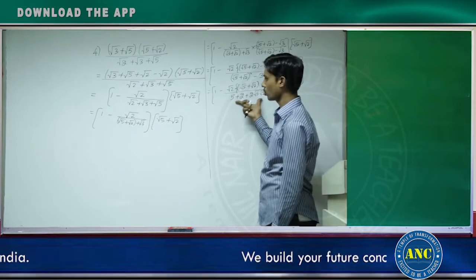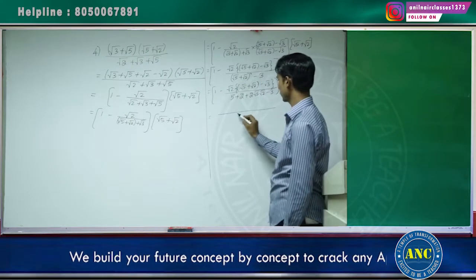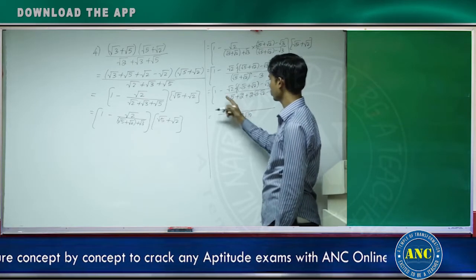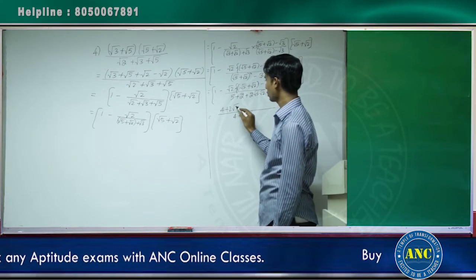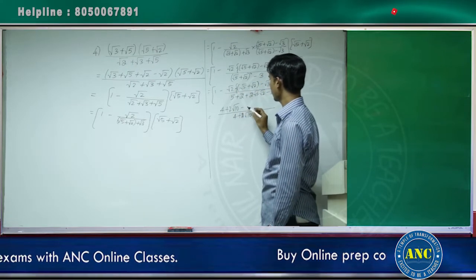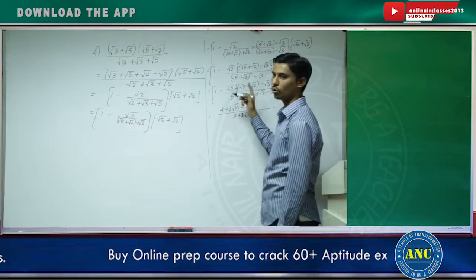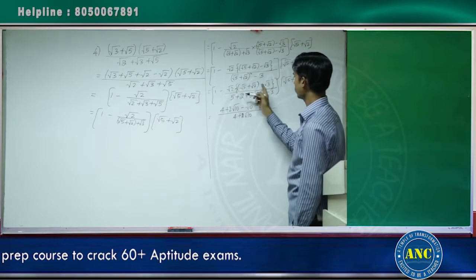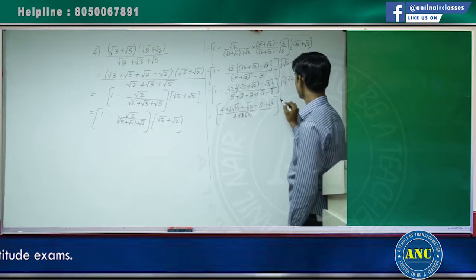You cross multiply, take the LCM, so you are left with 4 plus 2 root 10 in the denominator. In the numerator, 4 plus 2 root 10 into 1 is the same term, minus, multiplied inside, this becomes root 10, this becomes root 2 into root 2 which is nothing but 2, minus into minus is plus root 3. This entire thing is multiplied by the same term.